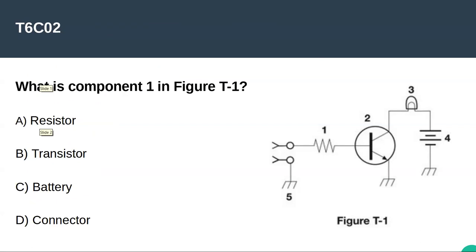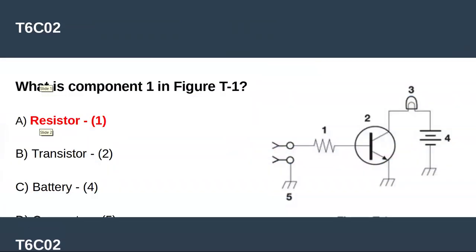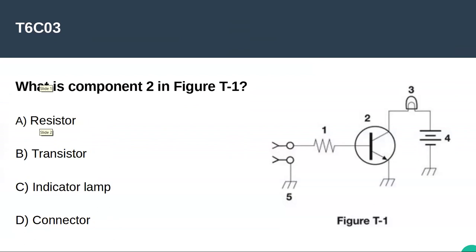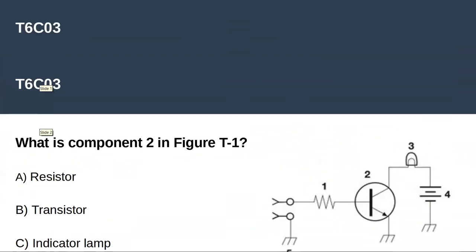So what is component 1 in this diagram? Resistor. All right. What is component 2? Transistor. All right.